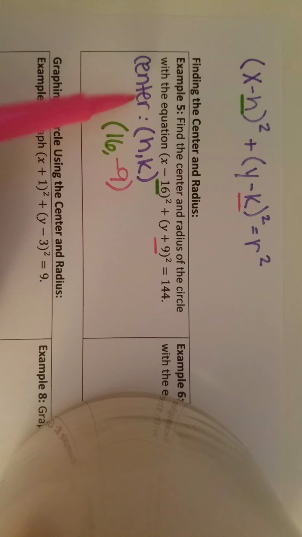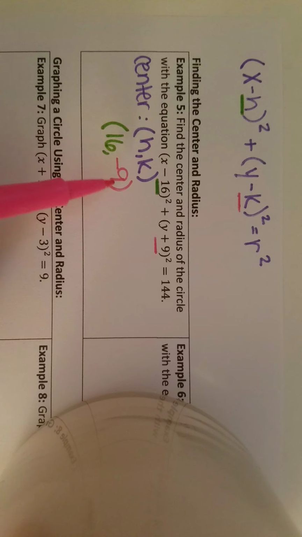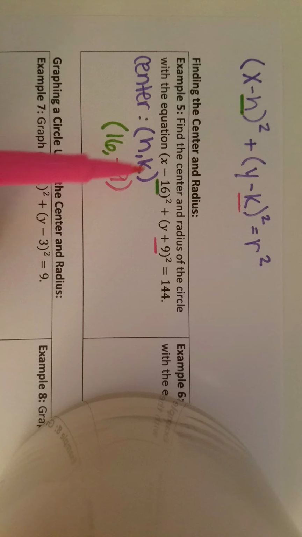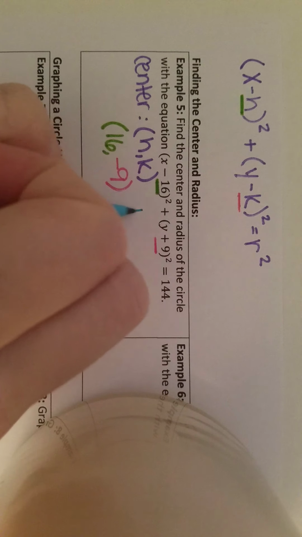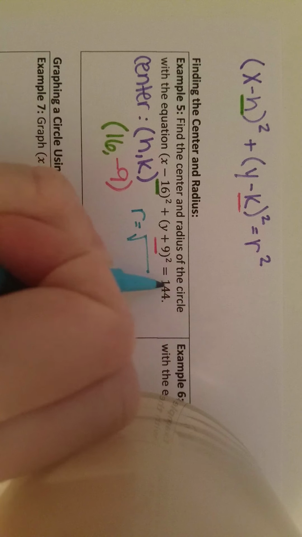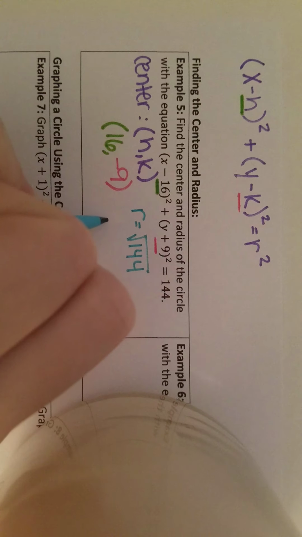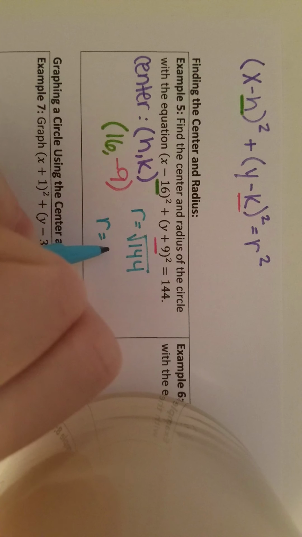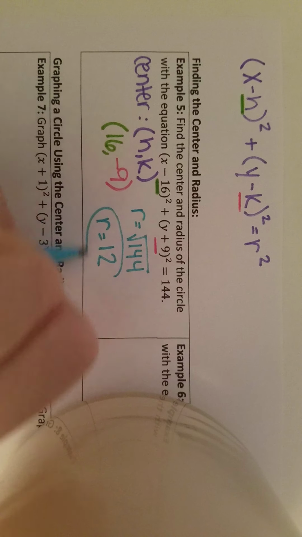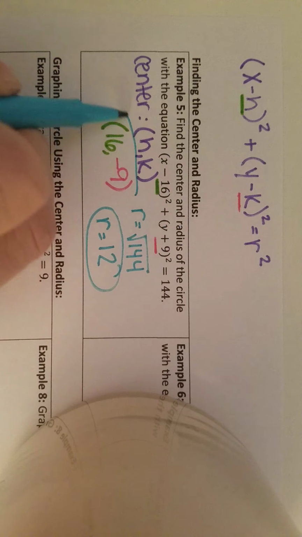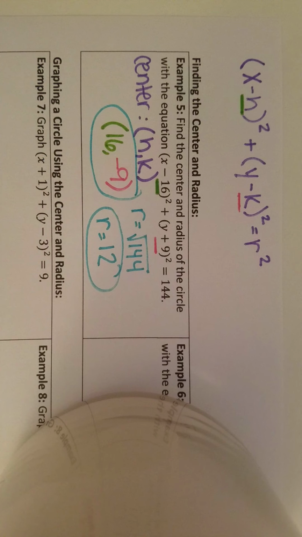So our center for this is going to be 16 comma negative 9. So it's basically like just the opposites. And then for our radius, to find our r, it equals the square root of 144. And the square root of 144 is 12. So our radius is 12, and our center is 16 comma negative 9.